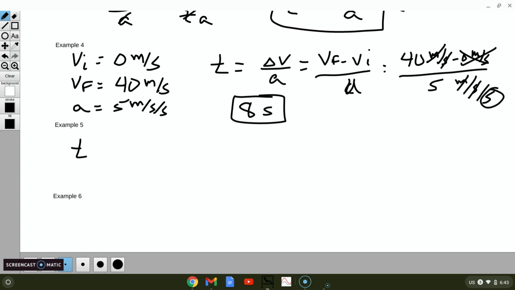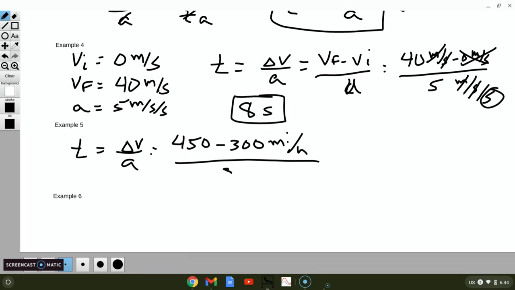Okay, so we're going to use this equation. Change in velocity over a. So the change in velocity would be my final velocity, which was 450, minus the initial, which is 300. And those units are miles per hour, all over the acceleration. That's a 3 miles per hour per second.